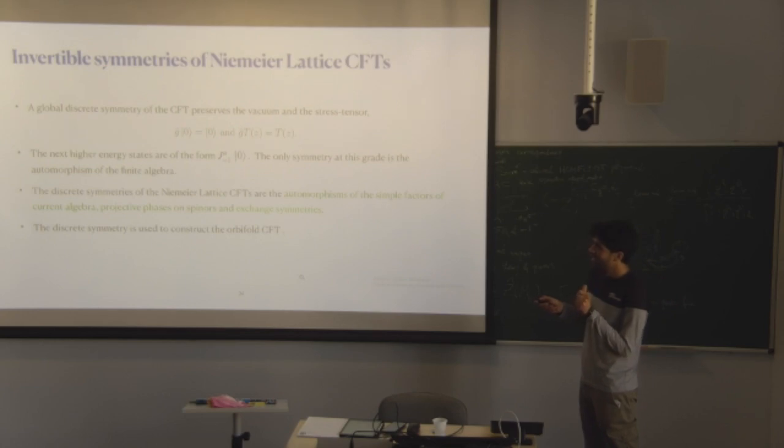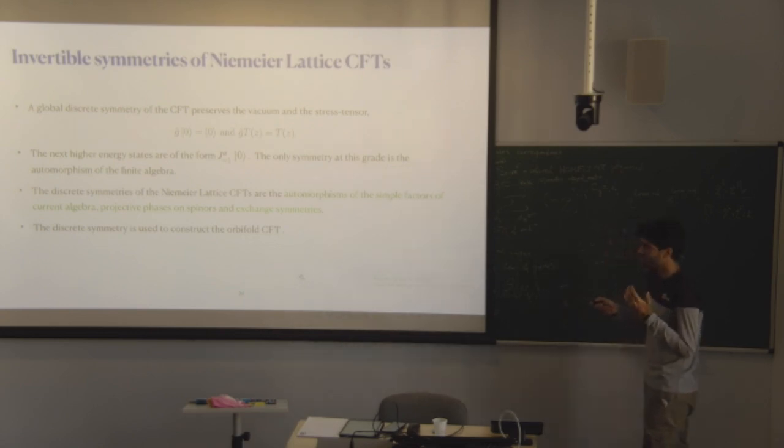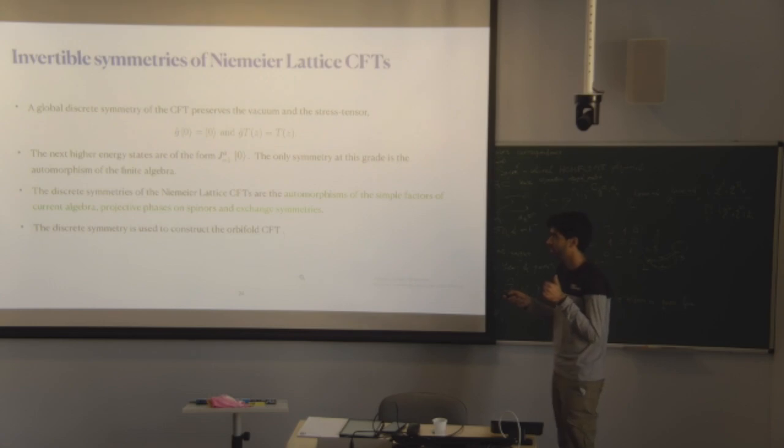Okay. So the eta symmetries can be characterized by the fact that they do not change the vacuum state and they do not change the stress energy tensor. So this means that the grading etc. is preserved in your CFT, the central charge is preserved in your CFT once you have the symmetry. Okay. So the next excited states above the vacuum are of the form J^A_{-1} acting on the vacuum, where A is the adjoint index of your symmetry, the affine Kac-Moody symmetry.